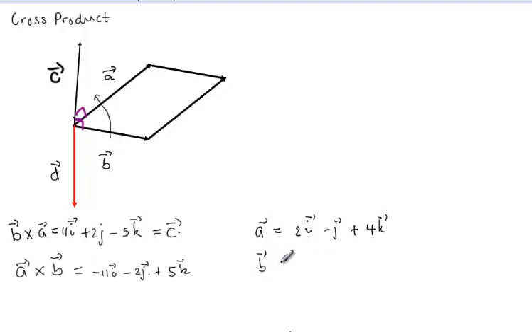B equals i plus 2j plus 3k. Right. Can I ask for the magnitude of A? Please calculate it and tell me what's the magnitude of A, and also calculate the magnitude of B.